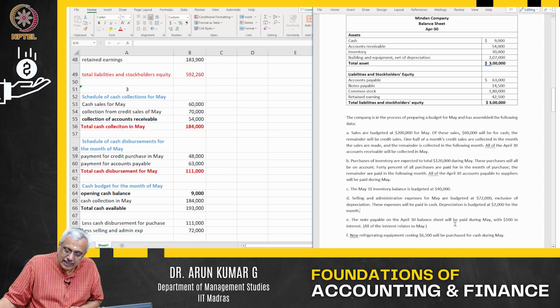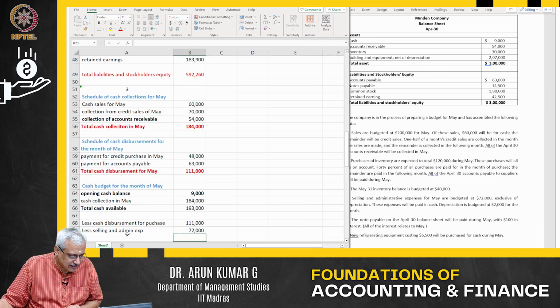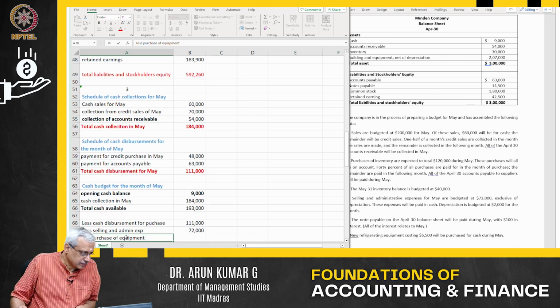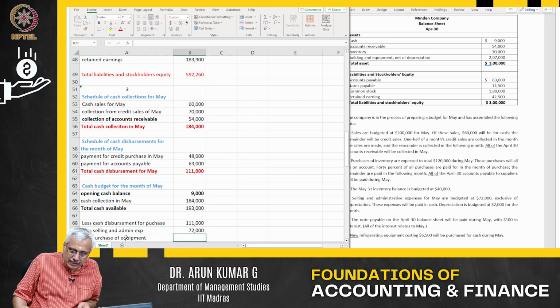Note payable as of 30th in the balance sheet is paid out there. Let us come back to that. A new refrigerator was bought, that is less purchase of equipment. What is the equipment purchased for cash?